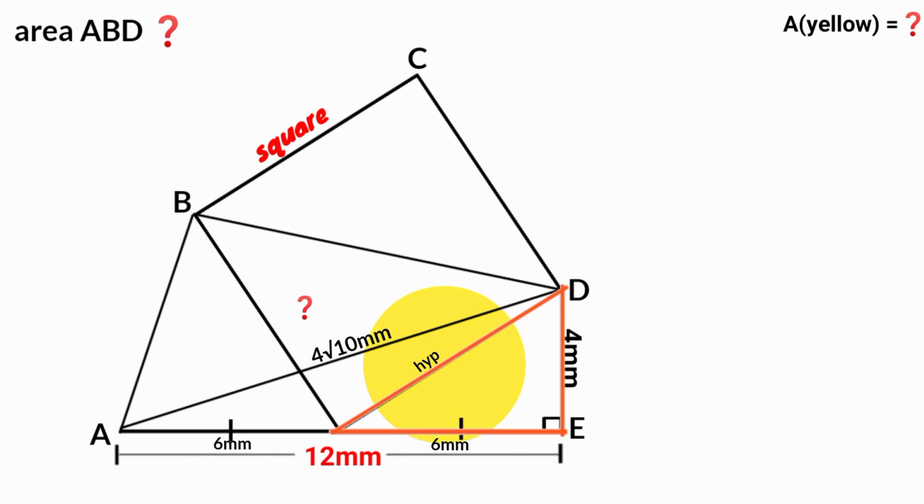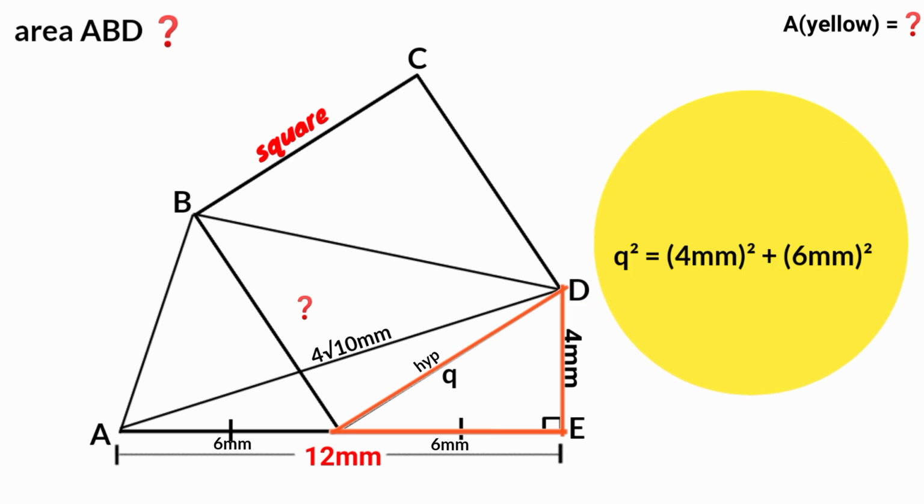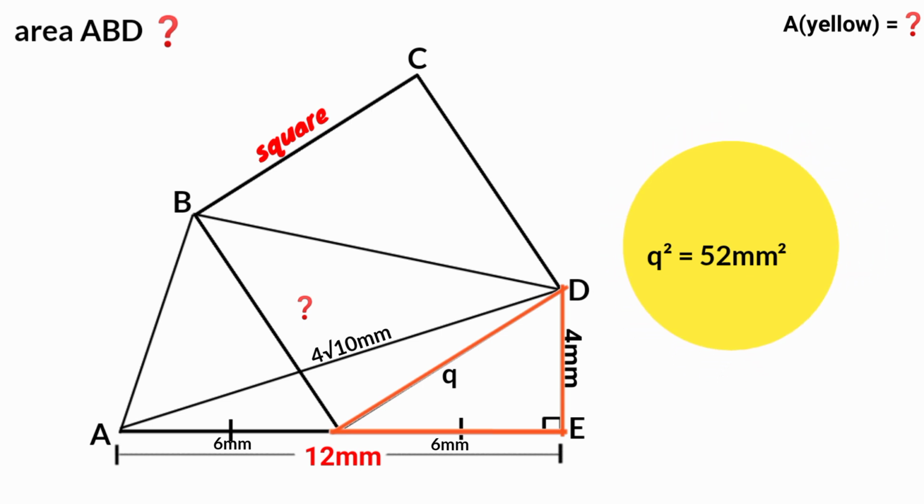Assuming the length of this side is Q, Q squared equal to 4 millimeters all squared plus 6 millimeters all squared. 4 squared is 16 and 6 squared is 36. 16 plus 36 is 52 millimeters squared. So Q squared equal to 52 millimeters squared.